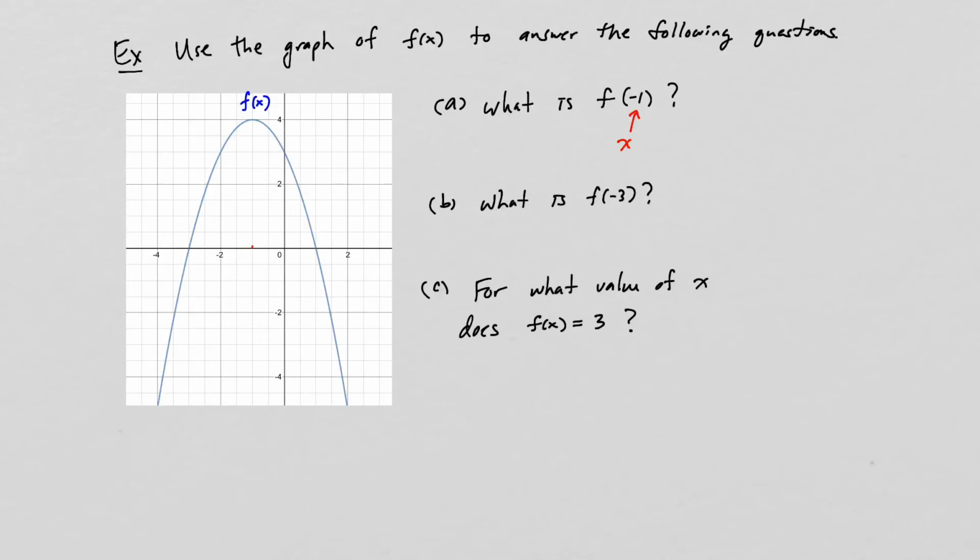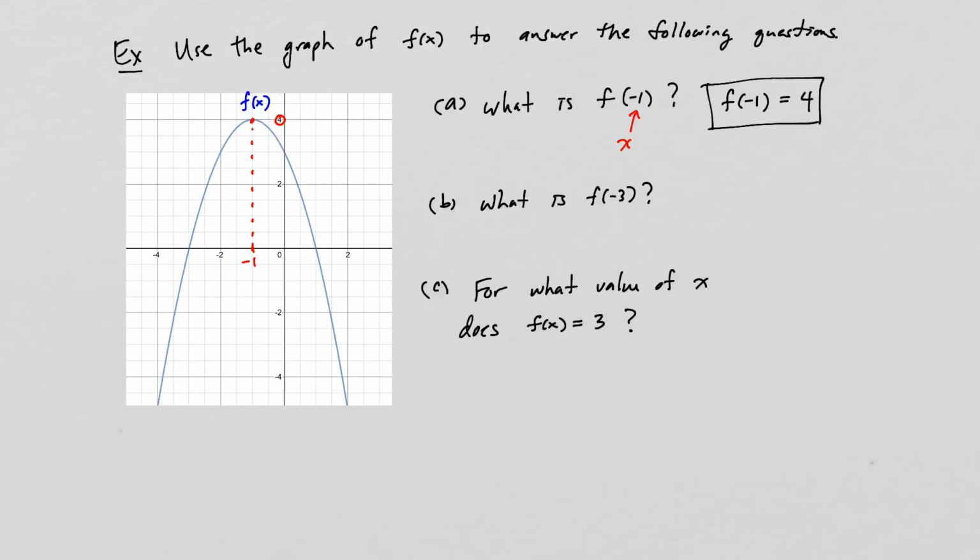So x equals -1 is right here. So this is asking, what is the y value when x is -1? So we can use the graph to figure out that the y value is actually equal to 4 when x equals -1. So we can say f of -1 is equal to 4 by just looking at the graph.